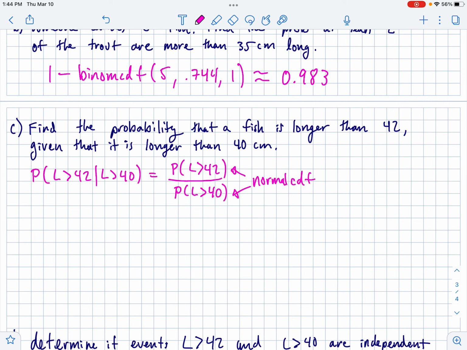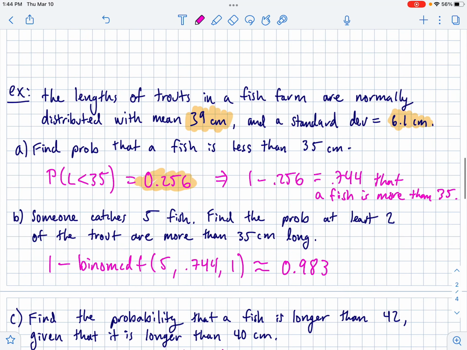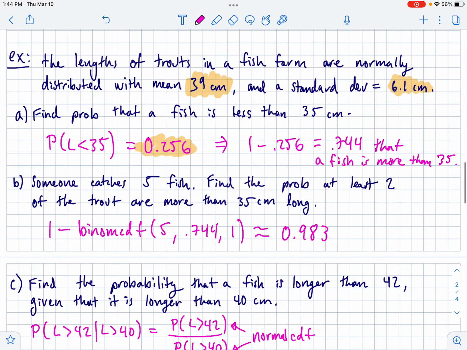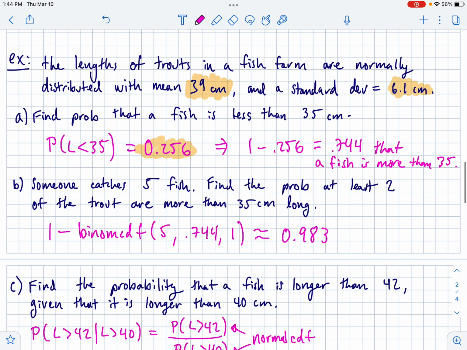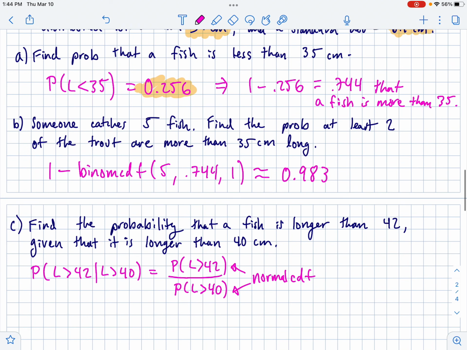I think if you crunch both those numbers, I guess I could crunch them. Normal CDF, 42 to infinity. The average was 39, and the standard deviation was 6.1.